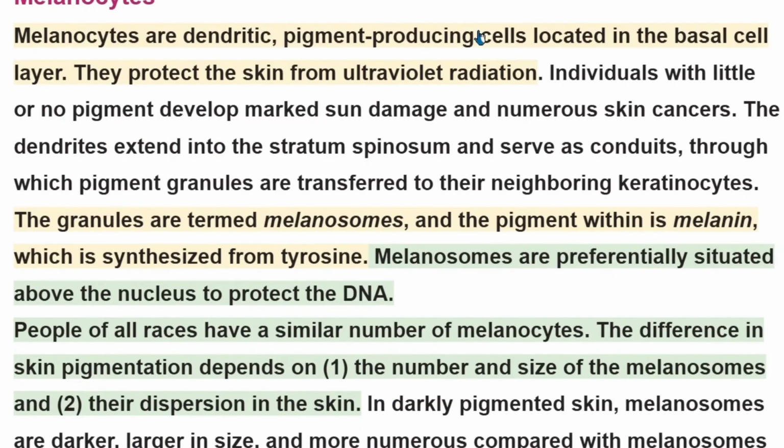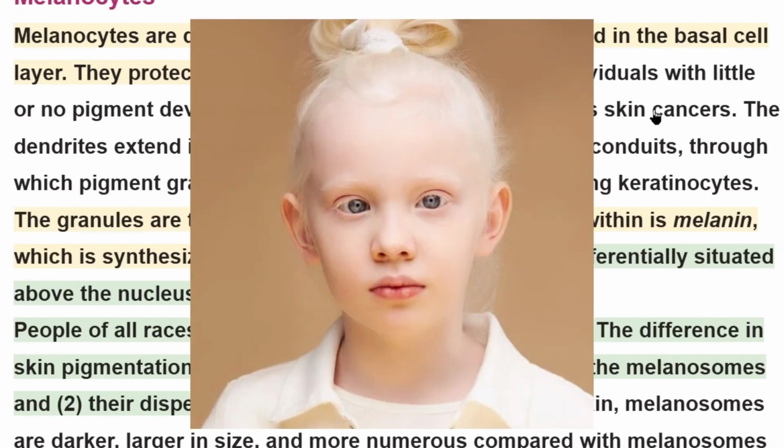Melanocytes are dendritic pigment-producing cells located in the basal cell layer. They protect the skin from ultraviolet radiation. Individuals with little or no pigment develop marked sun damage and numerous skin cancers, as we can see in patients with albinism.